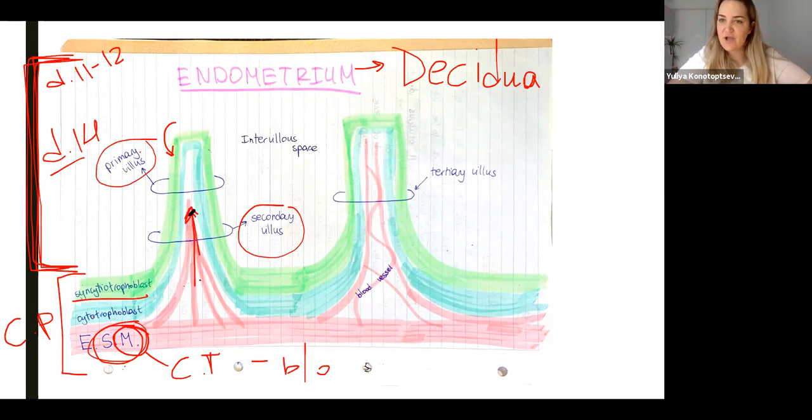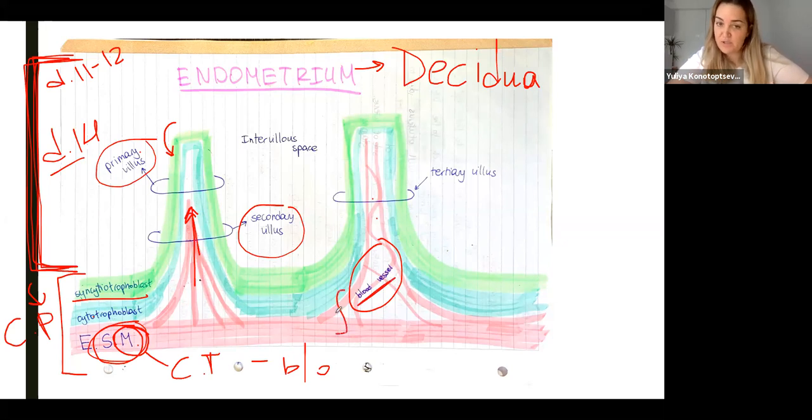This is extraembryonic somatopleuric mesoderm. It is mesoderm. So what is it going to do? It's going to differentiate to become blood vessels and connective tissue. Are we on the fetal side or on the maternal side? Of course, these structures are fetal structures, they're embryonic structures. So whose blood vessel is this?